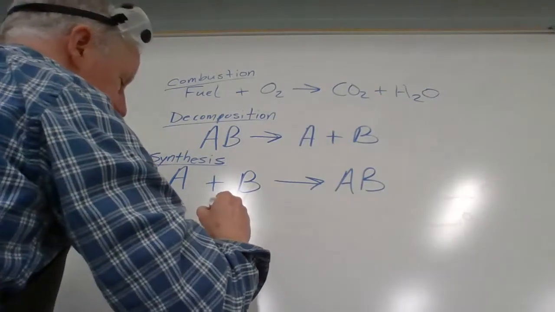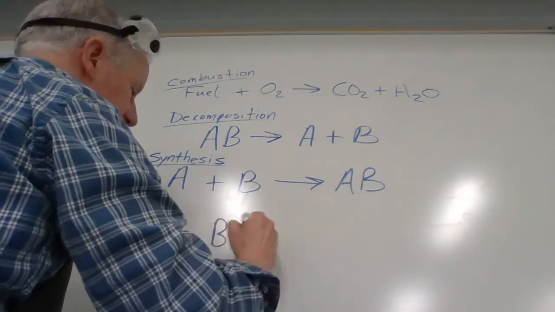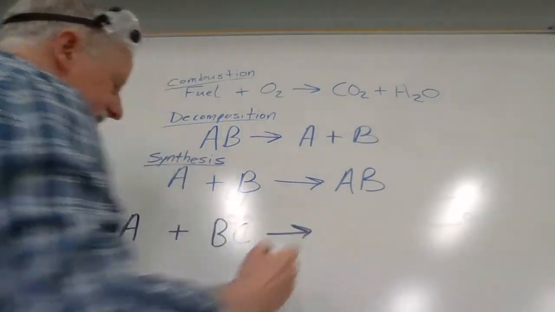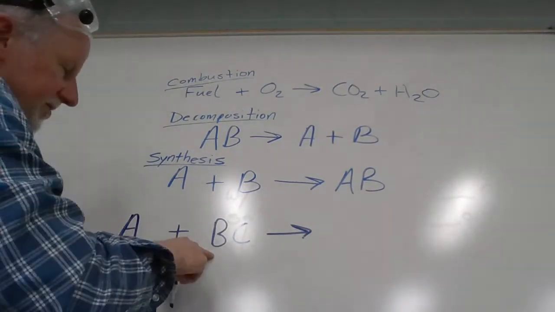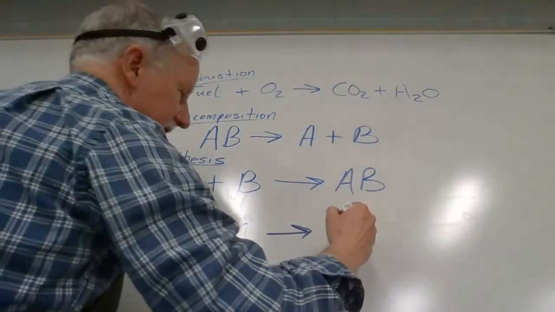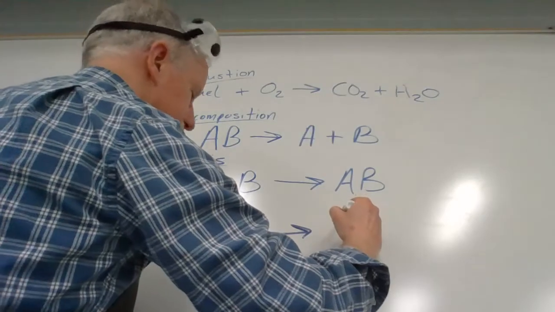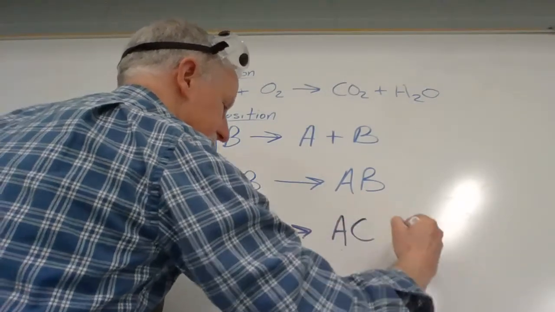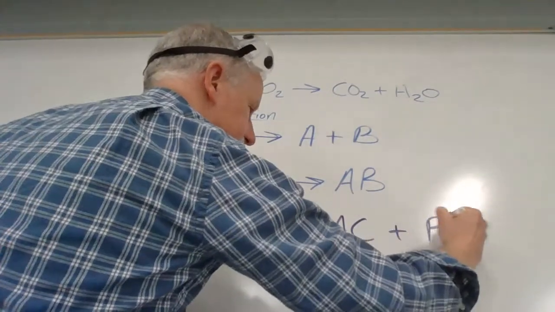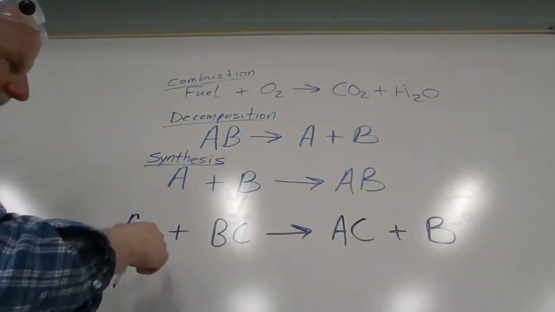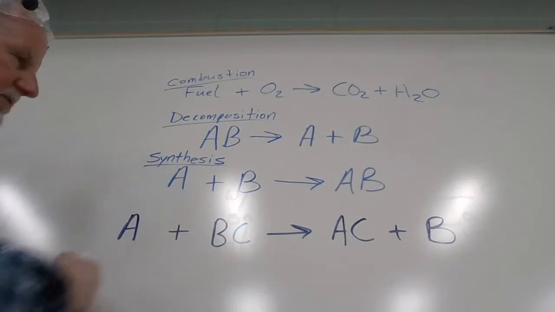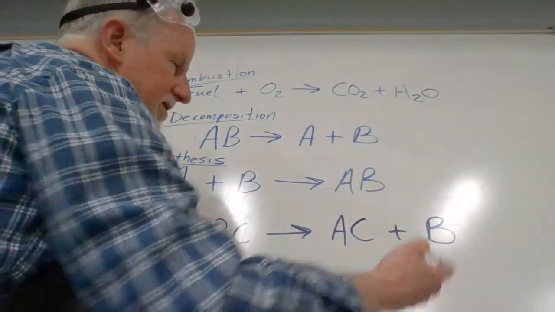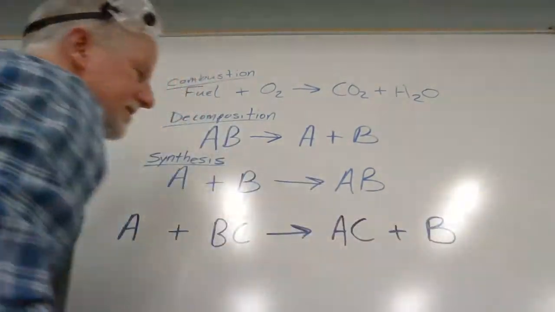A plus BC, and then this one's more reactive, so it takes the place of that one, and so we get AC plus B. So one element goes in and one element comes out, and in this case, like we did, we had copper come out on this side.